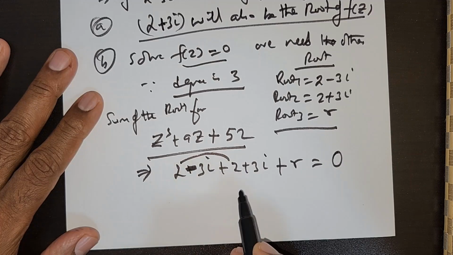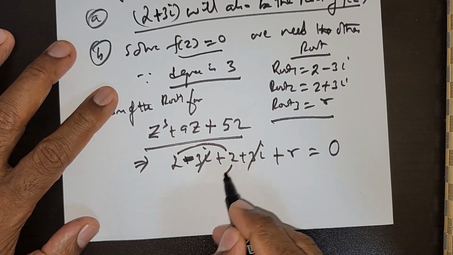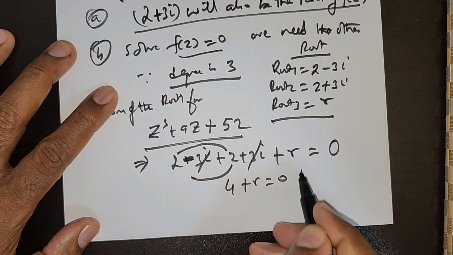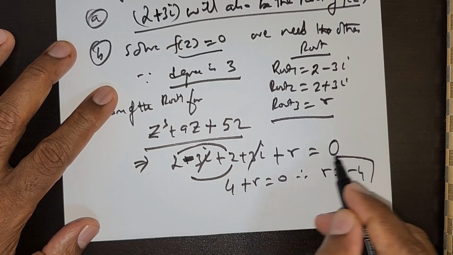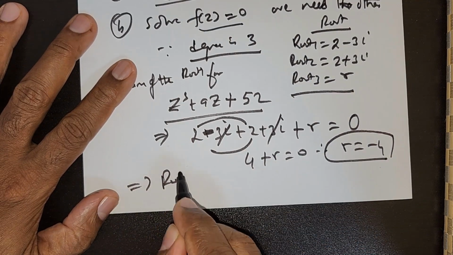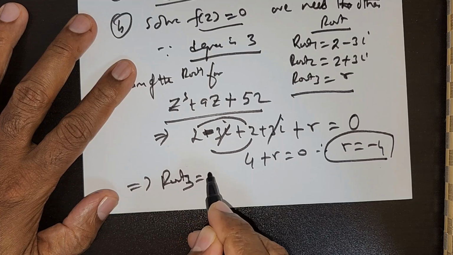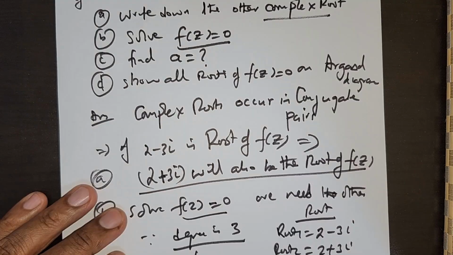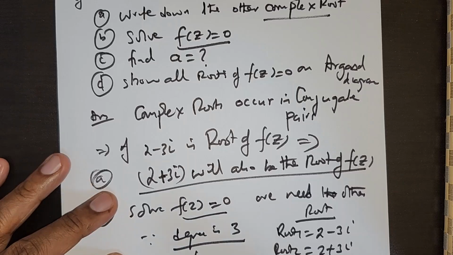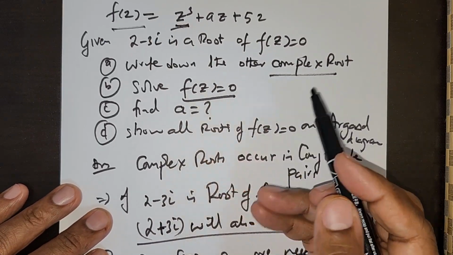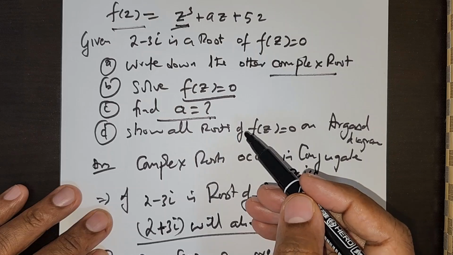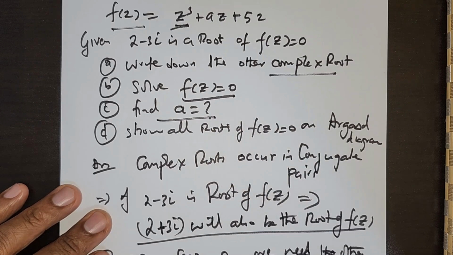The imaginary parts cancel, we get 4 plus r equals 0, therefore r is equal to negative 4. This means the third root is negative 4. Now you might be wondering why we need to find the polynomial f of z. Because we are asked to get the value of a.